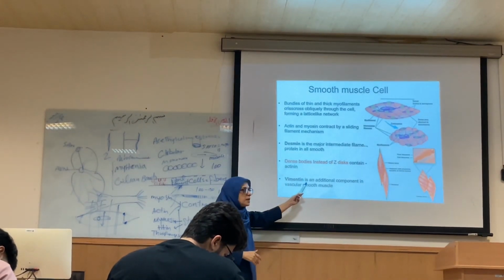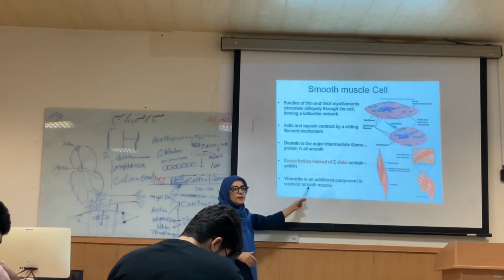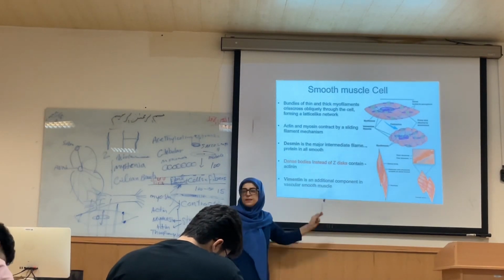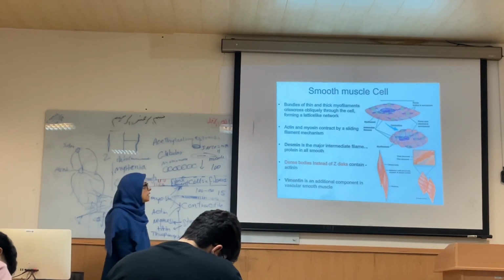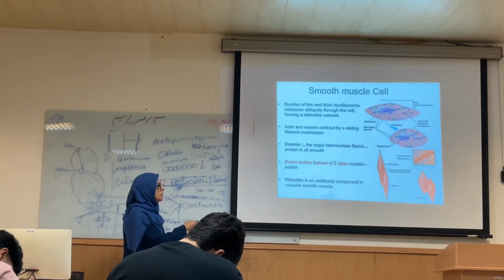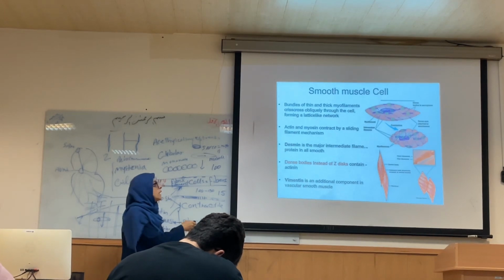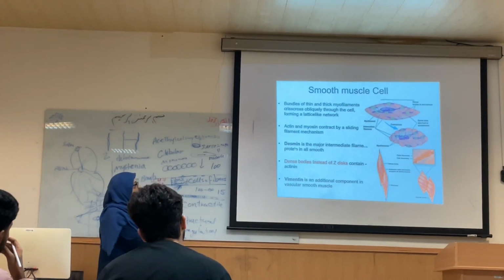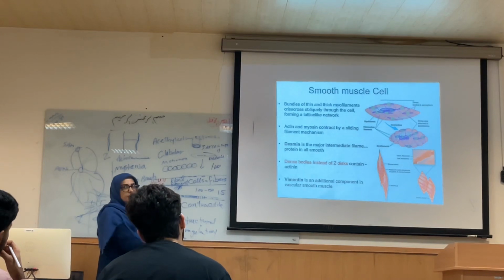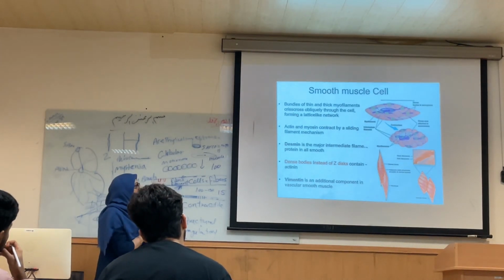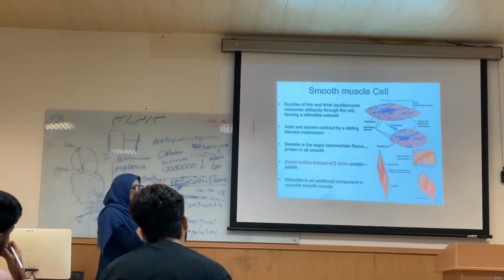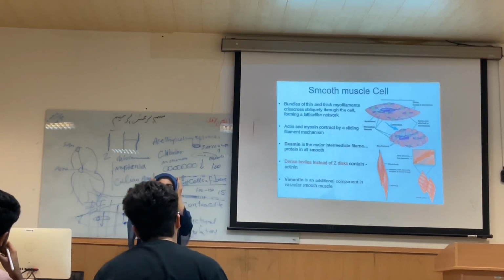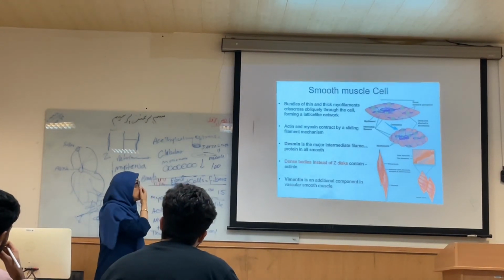But vimentin is only in vascular smooth muscle, in the vessels, in the dense body. Finally, these intermediate filaments, desmin and vimentin, help the actin and myosin filaments attach to the dense bodies. By their sliding, the whole cell shortens and contracts, and the whole muscle contracts and shortens.